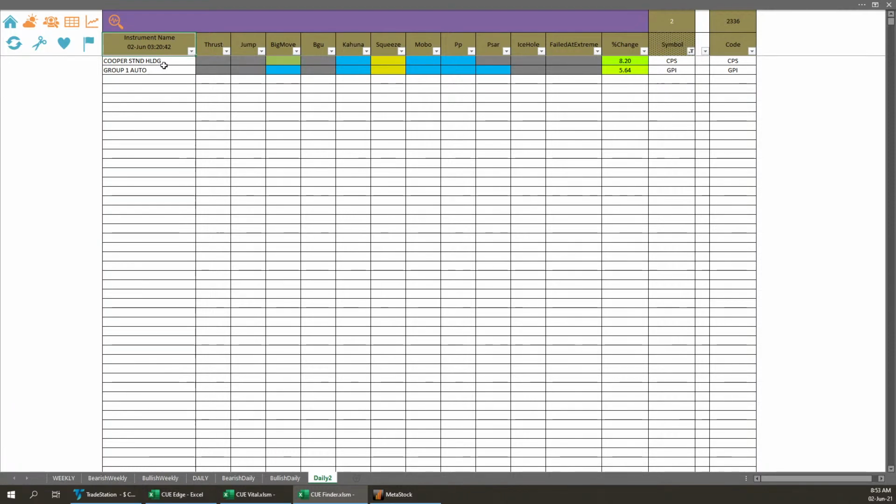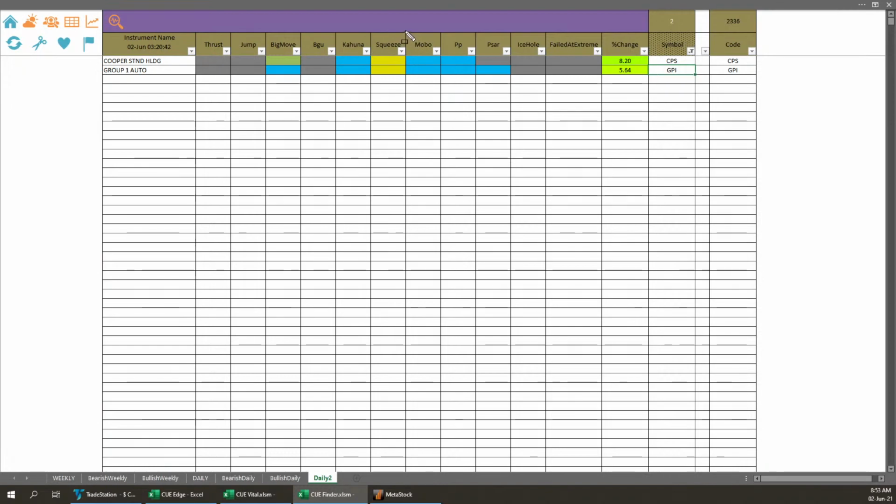So the 2 stocks that I selected are CPS and GPI, Group 1 Auto and Cooper Standard Holding. Now I am able to look up the alternate signals, the Edges I like signals. So I see, very beautiful, isn't it? That's why I'm starting to love them, combining the 2 systems.